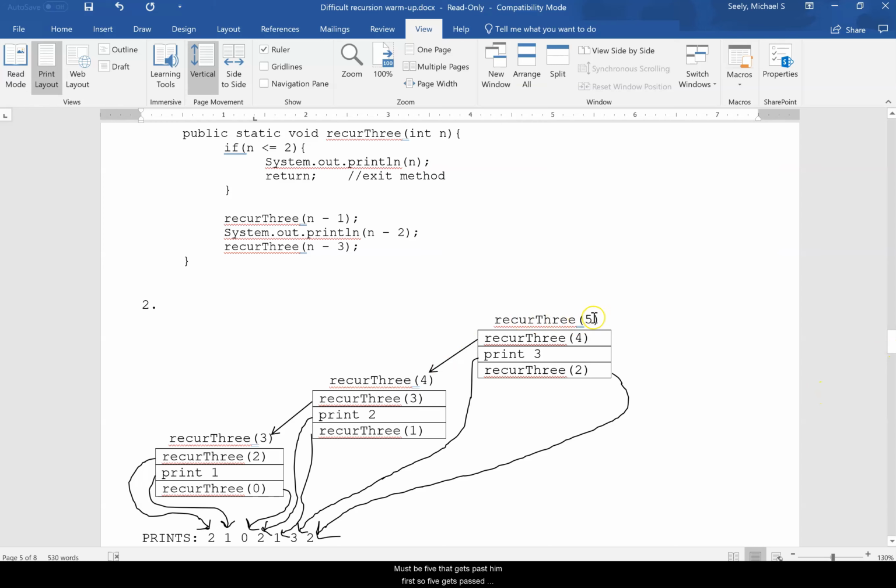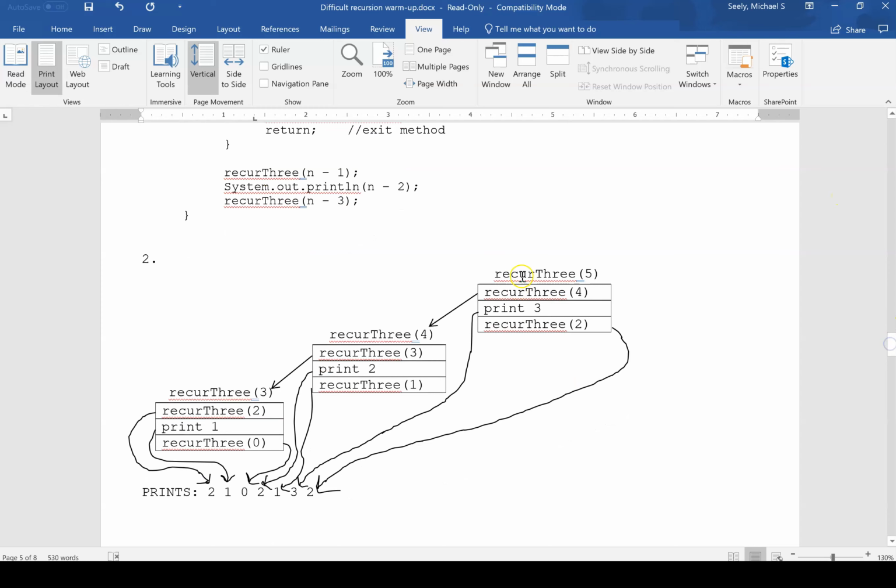So 5 gets passed in here. 5 is not less than or equal to 2, so then we do 5 minus 1, which is 4, and then we print 5 minus 2, which would be 3, and then recur 3 does 5 minus 3. So then we do this recur 4. 4 minus 1 is 3. We print 2 here, and then 4 minus 3 is 1.